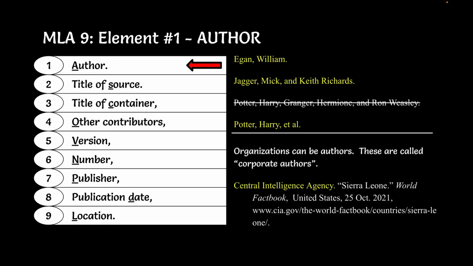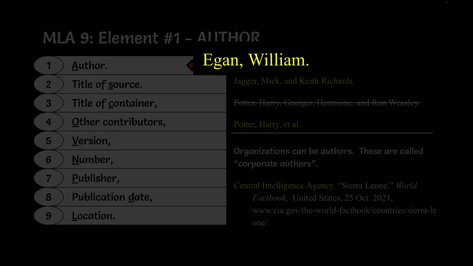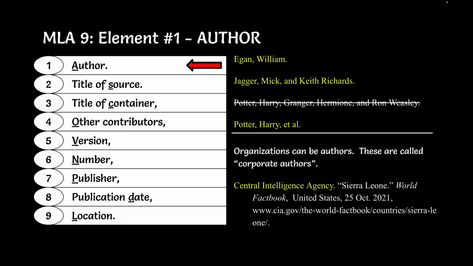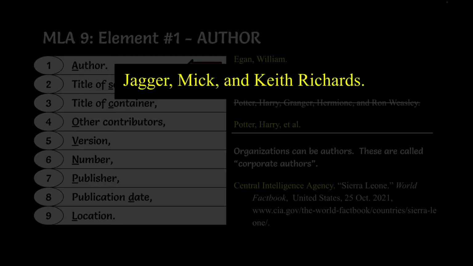And the first one is the author. So, in the simplest circumstances, the author is written as the last name, comma, followed by the first name, period. Students very often ask us what happens if there are 2 authors, in which case you have your Mick Jagger and Keith Richards example.